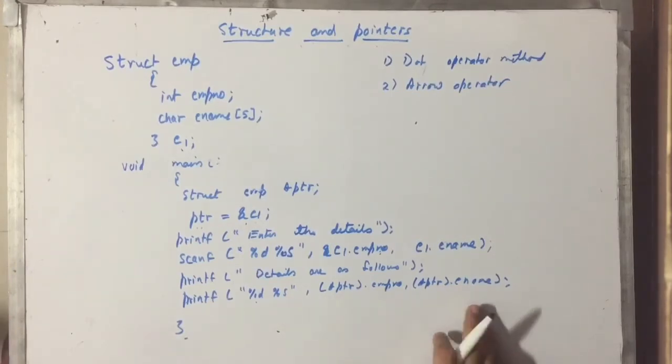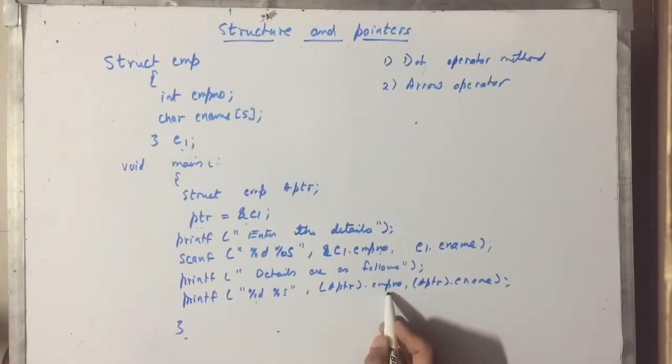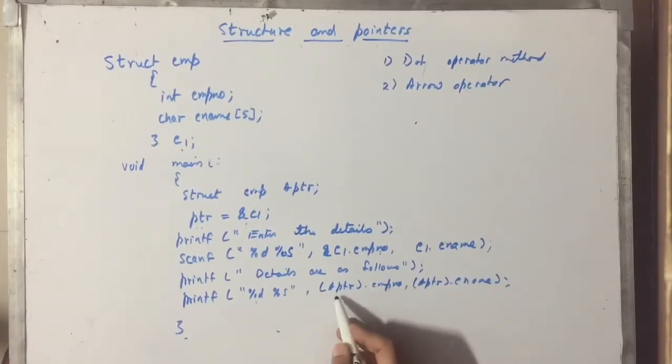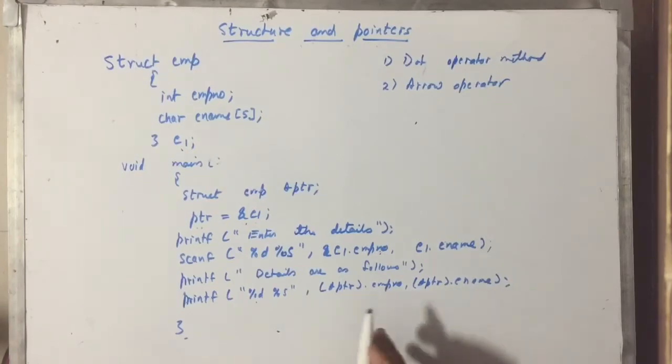Now when we are displaying, we have used here star ptr.empno. Earlier we learned that when we put star, that shows the content. So basically the content in empno will be shown and the content in ename will be shown.